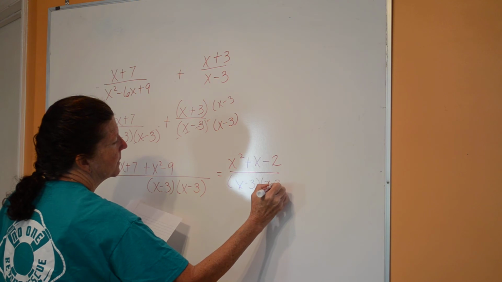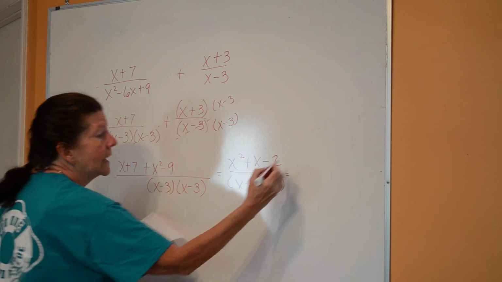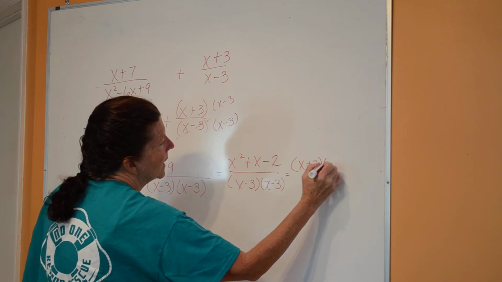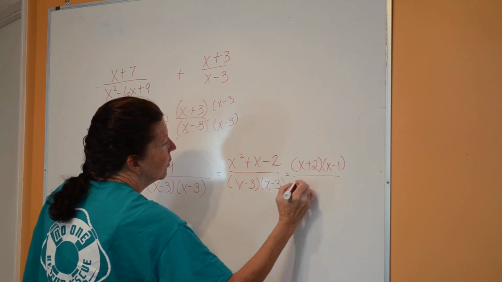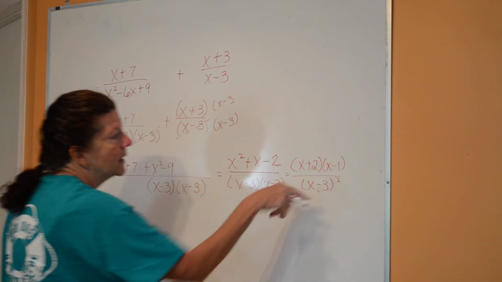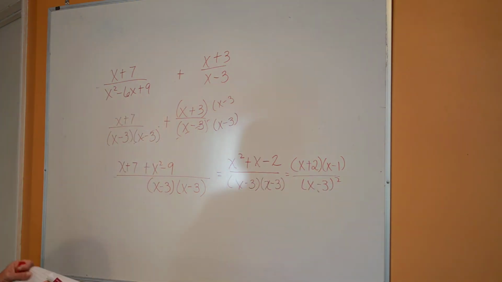You could write that x minus 3 squared if you want. I can factor that, so I have x plus 2 and x minus 1 over x minus 3 squared. And that's all you can do to it because you can't reduce it down at all.